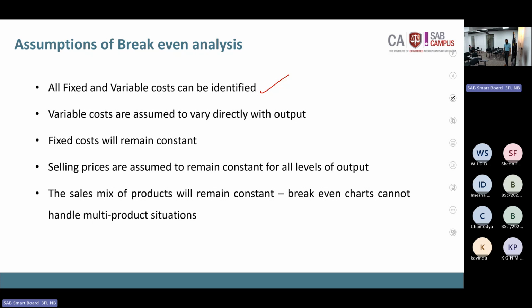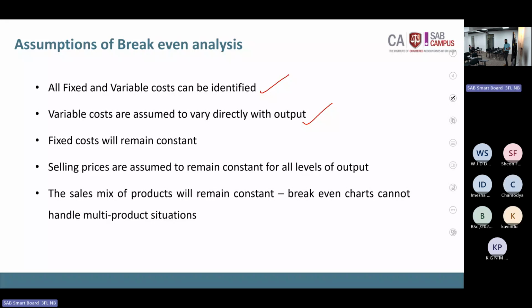Second one, the variable costs are assumed to vary directly with the output. But as output increases, the cost does not increase proportionately. Practically that doesn't happen. Let's say we go to purchase a product. The cost when buying one product and when buying 10 products is different. Right? If we think of making a chair, the cost of making one chair, the cost of making 10 chairs, and the cost of making 100 chairs are not increasing at the same rate. Because there can be some kind of savings, right? But that kind of situations we can't use for this particular calculation.